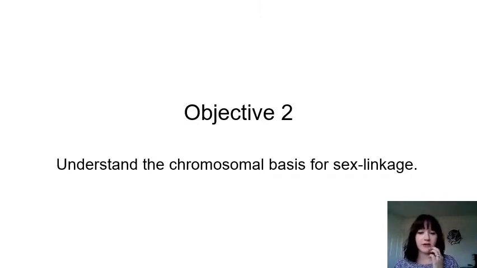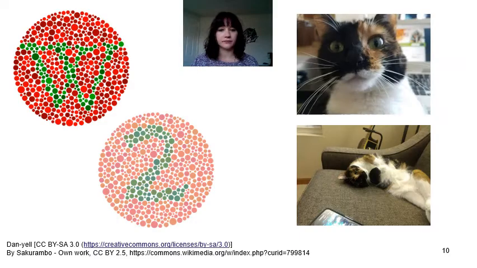Great. Let's talk about the chromosomal basis for sex linkage. There are some traits that you may notice tend to be seen more often in males or females, such as red-green blindness. So if you have red-green blindness, you're probably male. In this case, on the left up top, this circle of red and green dots shows the letter W, and in the lower right-hand circle of red dots, there's the number 2.